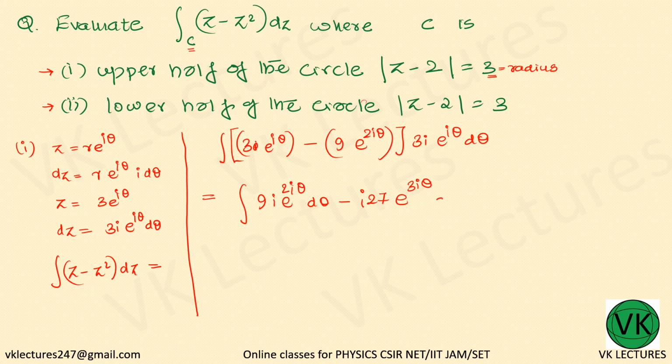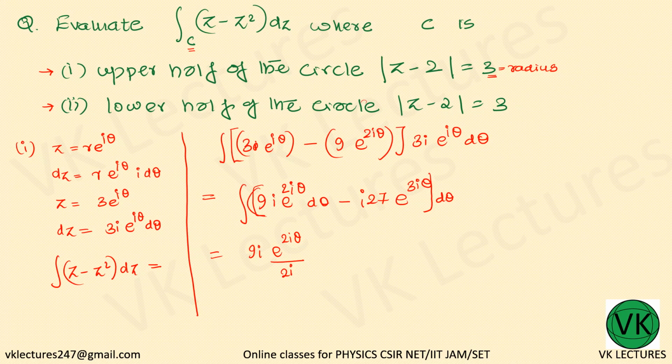Okay, d theta. Now integral 9i times e to the power 2i theta, this integral is e to the power 2i theta by 2i, that is the integral of the first term.